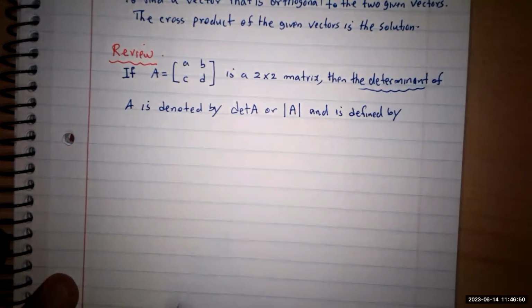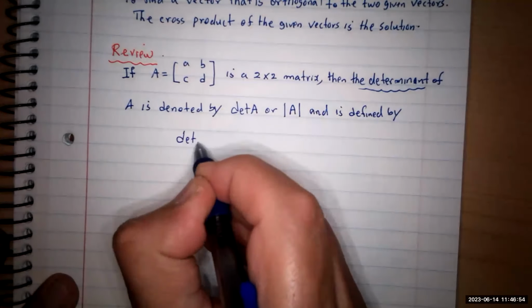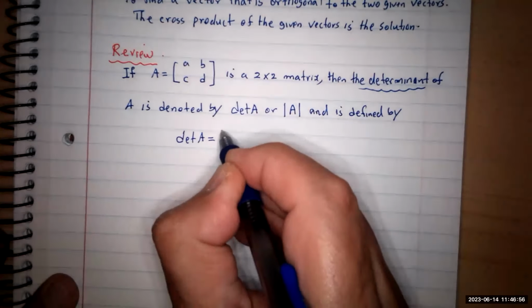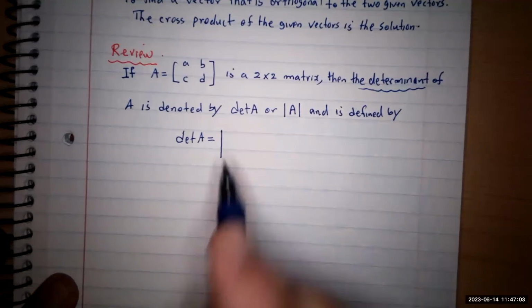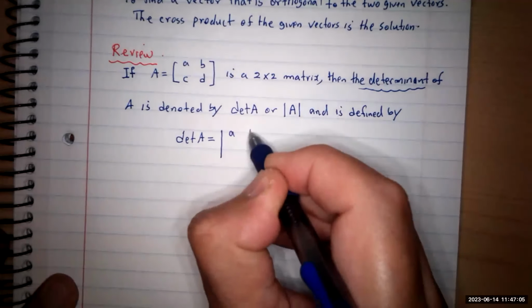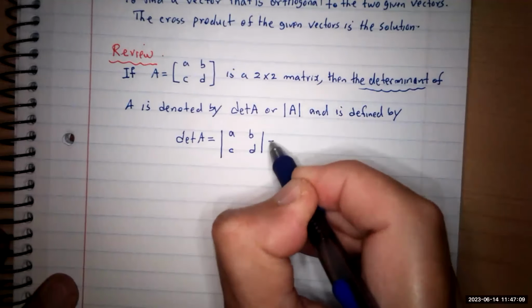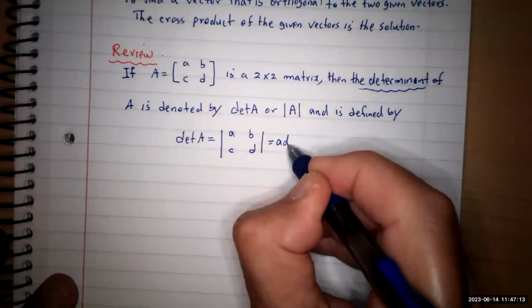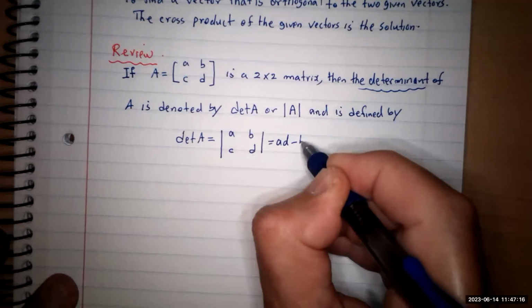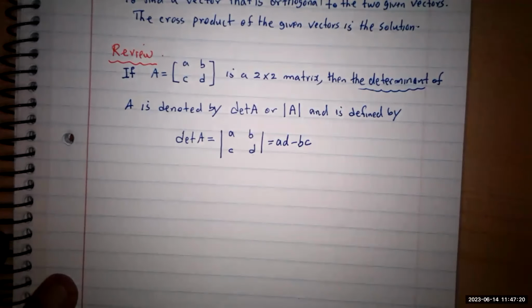It's just a number. If you want to write it in matrix form, you use the vertical straight lines: A, B, C, D. You kind of cross multiply: A times D, AD, minus BC. So that would be the determinant of a 2 by 2 matrix.